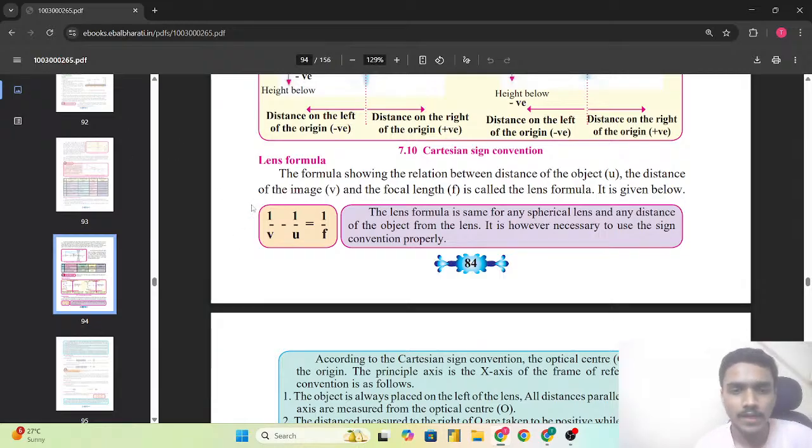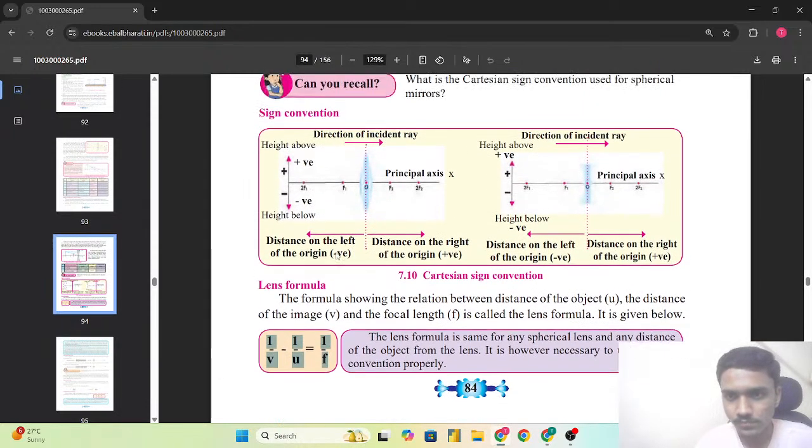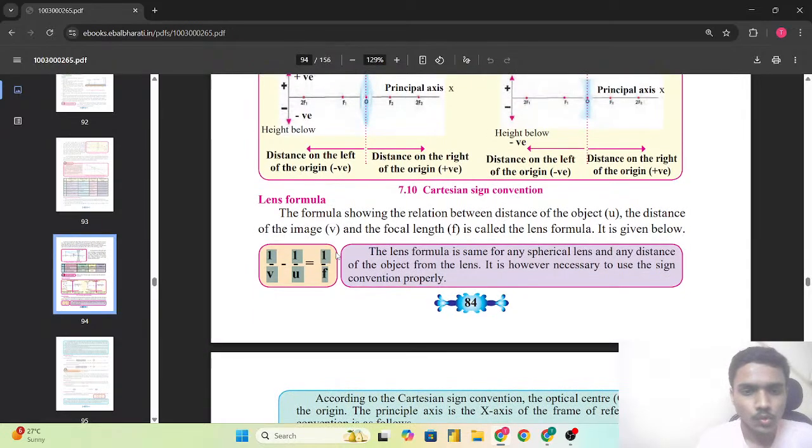Again, ये जो formula है, this formula is important as many of the numericals may ask in the exam related to this lens formula. And the numericals are easy, we only have to substitute the values according to the distance of the lens which we are considering here. So we only have to keep in mind the importance of the plus and minus, that is the negative distance sign and all.